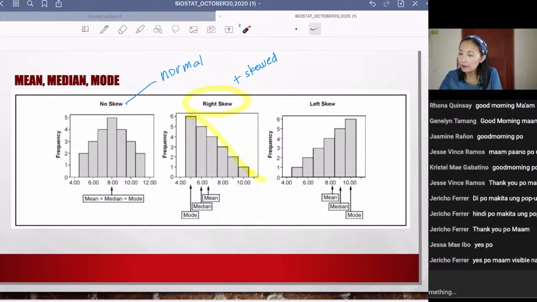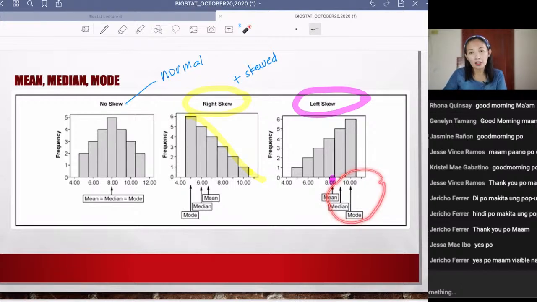Now, how about left skewed? Left skew, look at this time, if this is the mean, the median and the mode are to the right. Nasaan si median at mode? To the right of the mean.